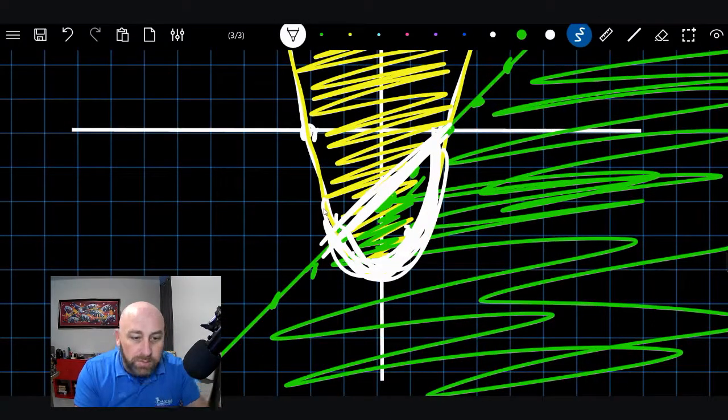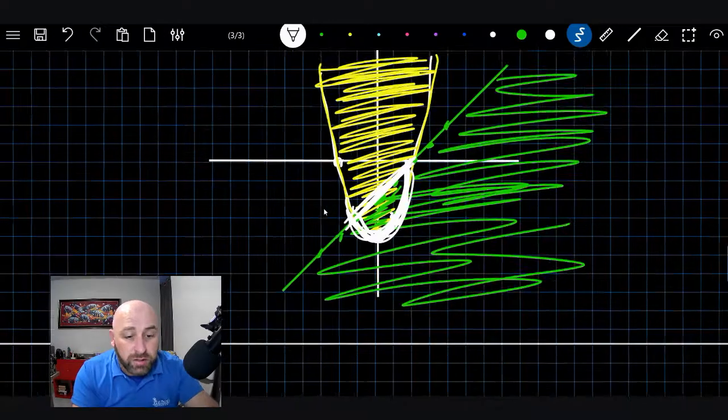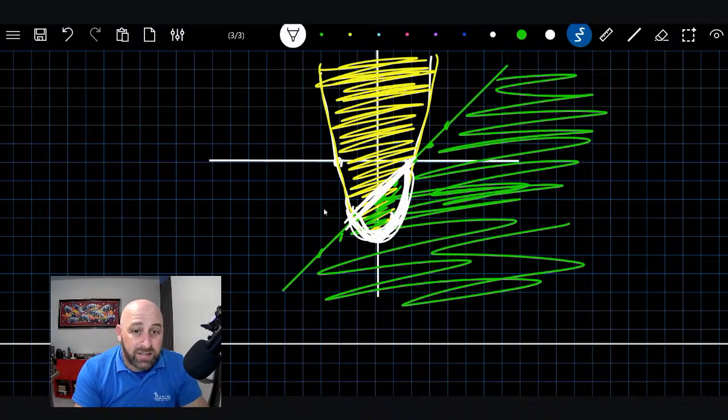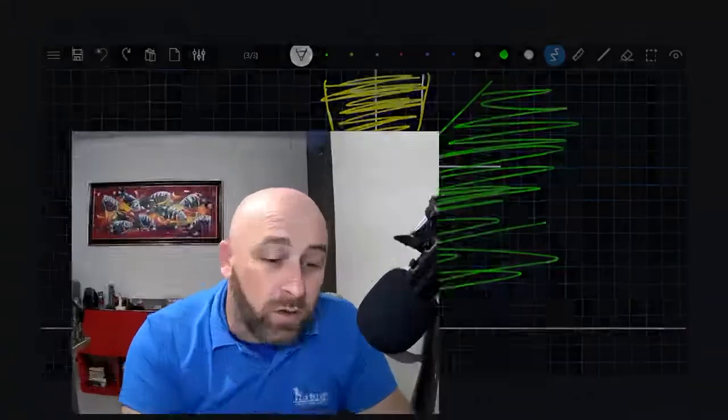The only part that has yellow and green in it is inside the parabola and inside the green line. Okay? So there's not much. This is the solution to that system of equations. Just that little area. In other words, the only points that satisfy both equations are in that little area right there.